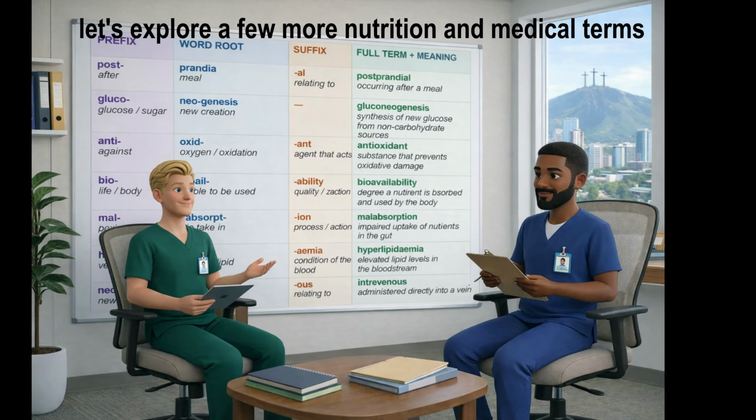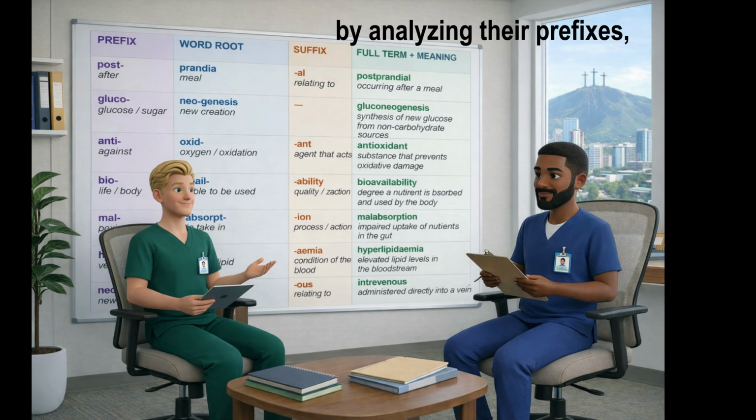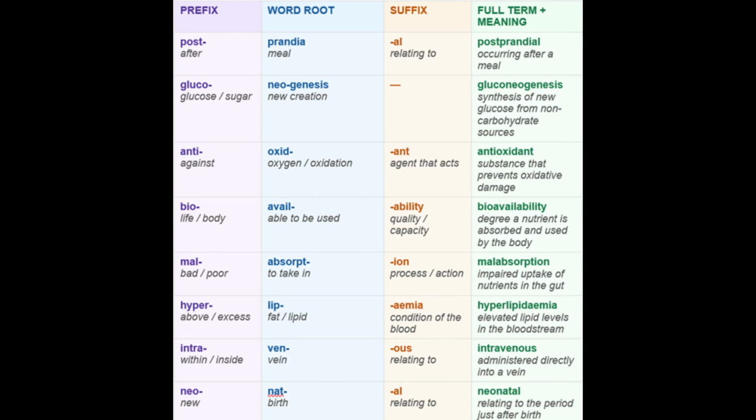Now, let's explore a few more nutrition and medical terms by analyzing their prefixes, roots, and suffixes. First, postprandial. The prefix post means after. The root prandial relates to a meal, and the suffix al means relating to.